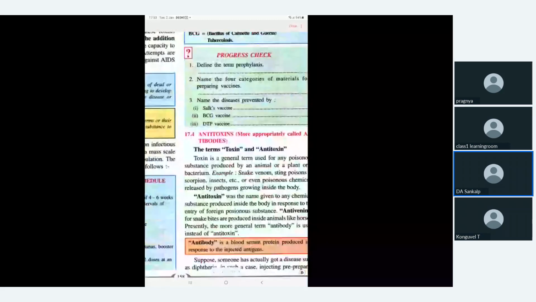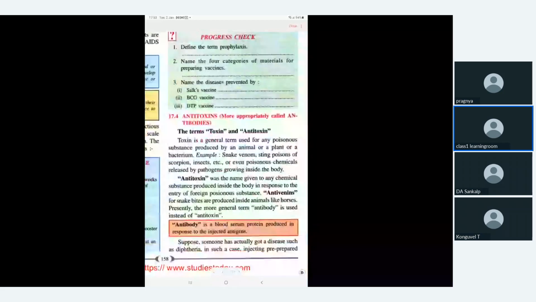Okay, we'll see the important thing. Are you all listening? Fine. Now, antibodies and vaccines we have discussed. Now, antitoxins. What are antitoxins? Basically, toxins are poisonous substances entering into our body.